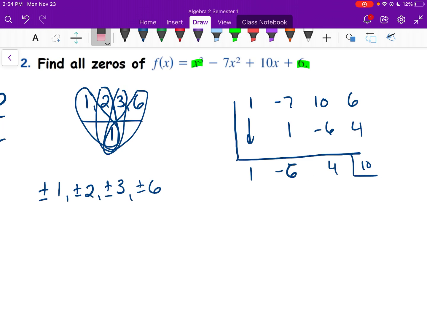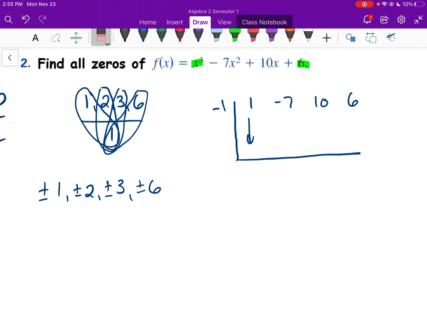Right there, since we got 10, that tells us that is not a solution. So then you'd start over, and you could use negative 1: 1, negative 8, positive 8, 18, negative 18, and that does not get you 0 again. So that would be a long process.